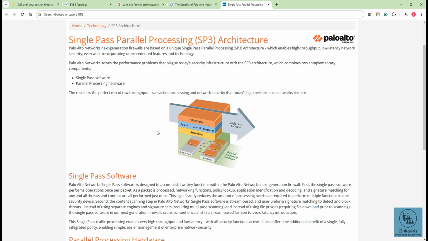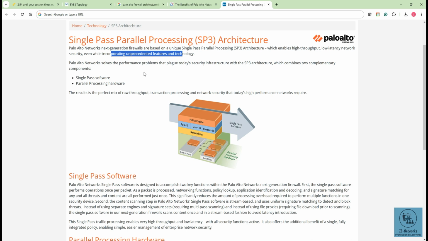So Palo Alto, as we all know, follows an architecture called SP3 architecture. It is called a single pass parallel processing architecture, SP3, which enables high throughput, low latency network security, even while incorporating unprecedented features and technologies, right?